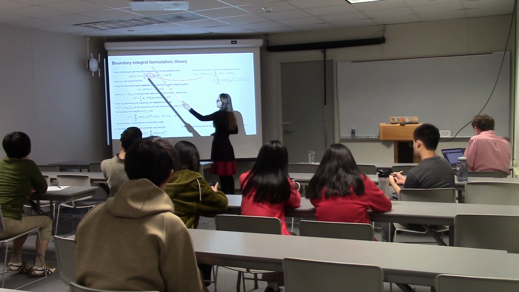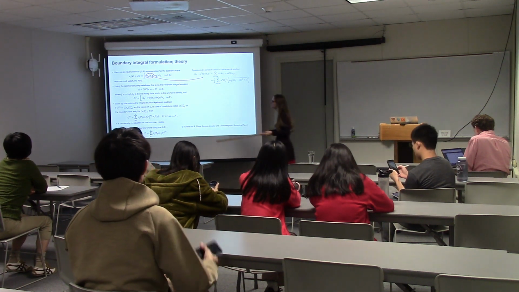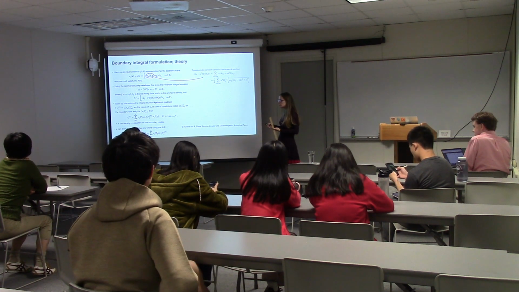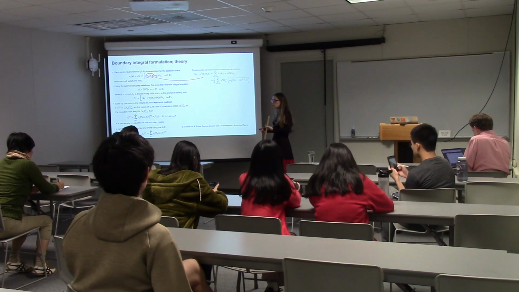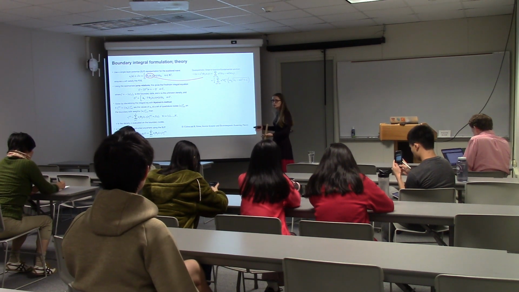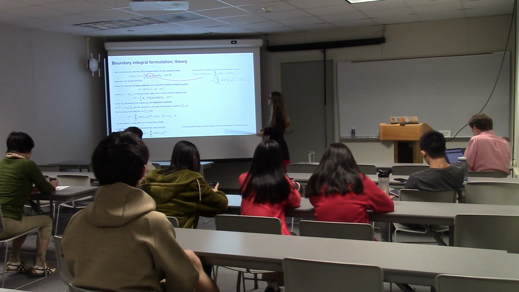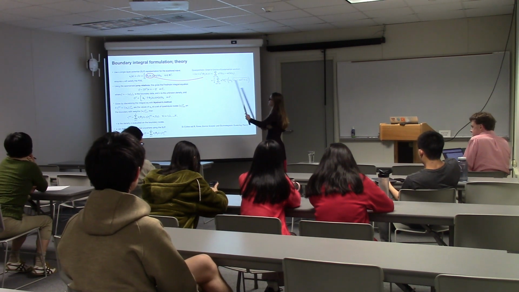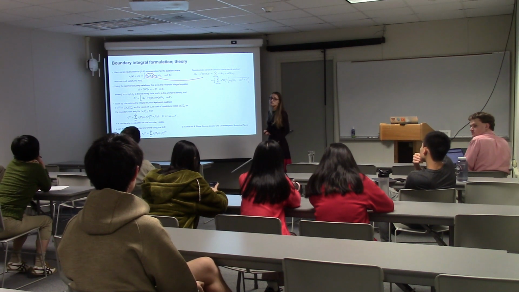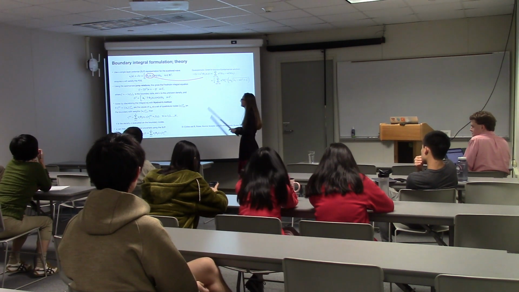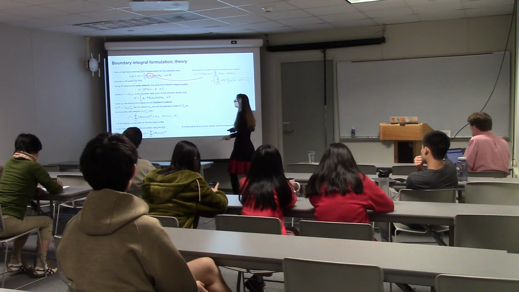The fundamental solution is this phi p, also called the quasi-periodic Green's function, and it's just the solution of the PDE without the boundary, just in the presence of a quasi-periodic set of point sources. This is not that important, but basically it ends up being a sum of Hankel functions. I'm not going to go into how that's computed; it's a bit too technical.